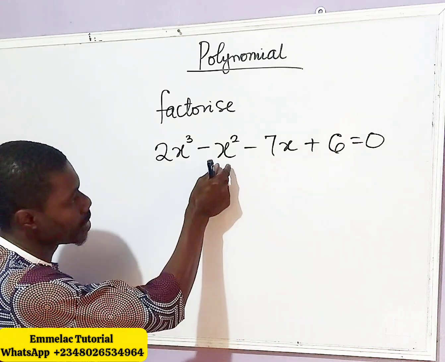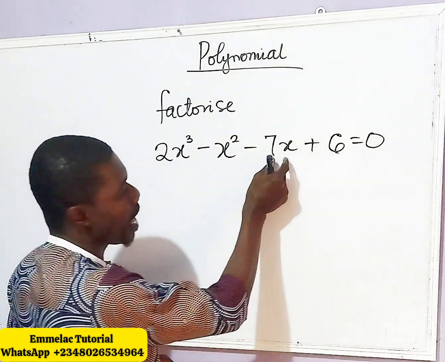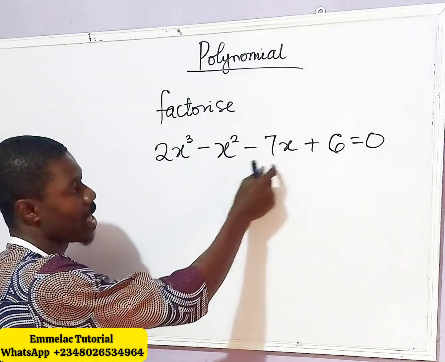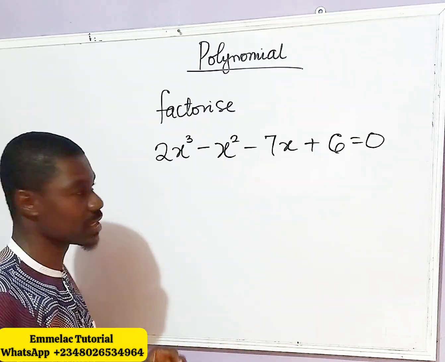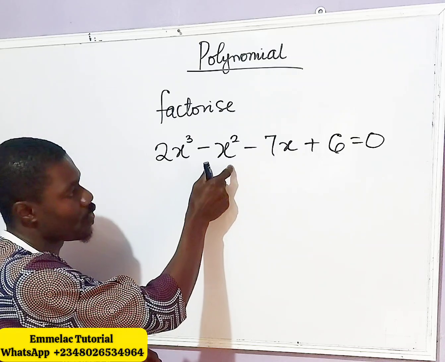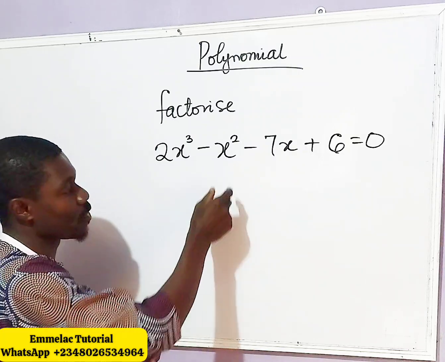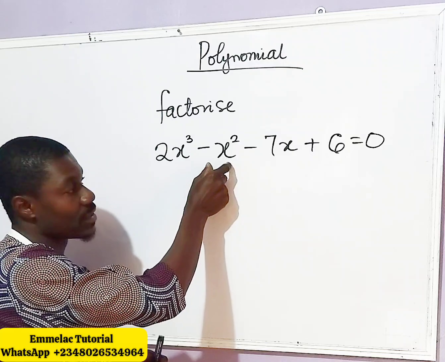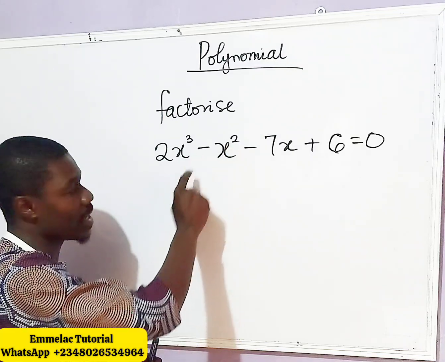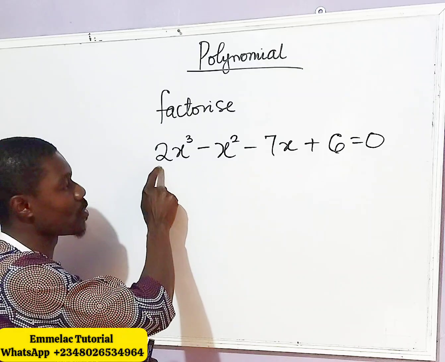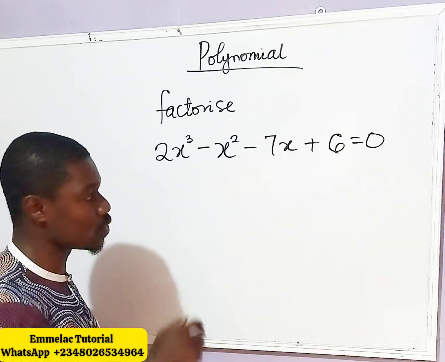I want to use the trial and error method, but I want to use a different approach. Now we'll be considering this term and this term, that is x squared and 7x. So let us look for two terms which when we add will give us negative x squared, and one of the terms must have a coefficient of 2.